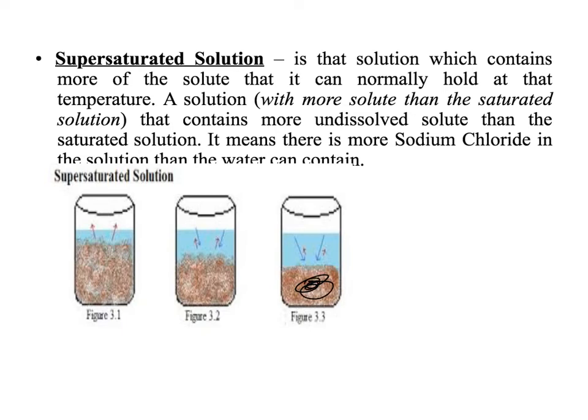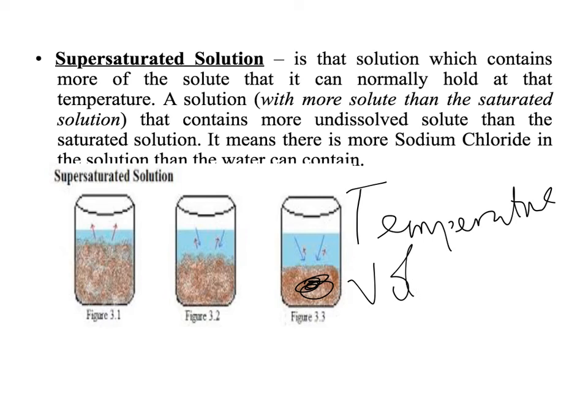When it is this way, we say that the solution is supersaturated. So you either increase the temperature or increase the volume of the solvent, in order to make all the solute dissolve in the solvent. Those are the two options you have.